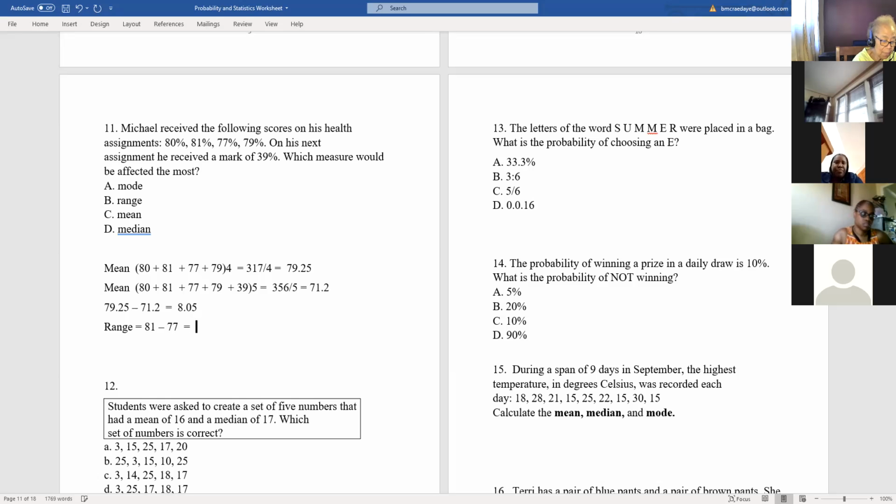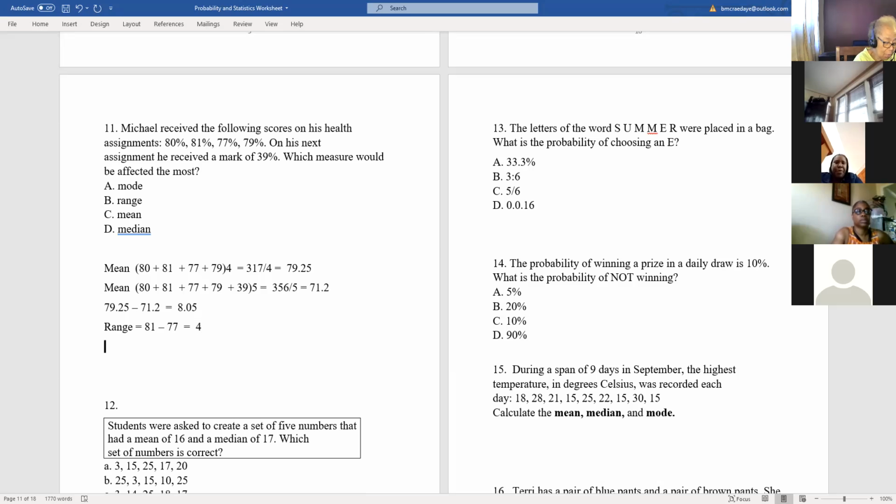And then after you put the 39, you have range still 81, but what's the low score? 39, right, that's right. And what's the difference? 81 minus 39 is 42.